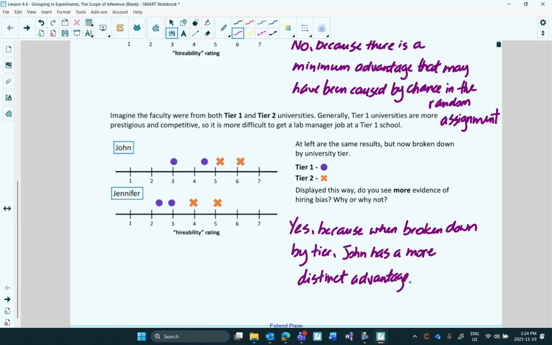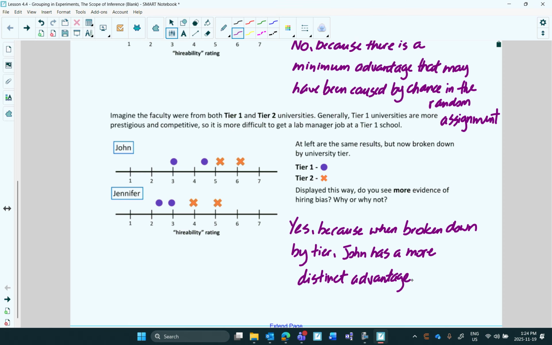So what does this mean? This means that when we do an experiment, sometimes we may have to separate the individuals or subjects into groups that share some common characteristic, because that could affect the results of the experiment.